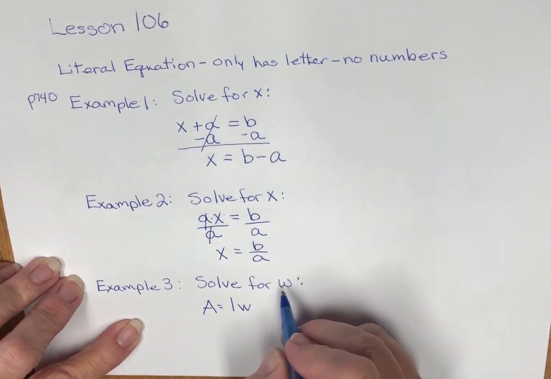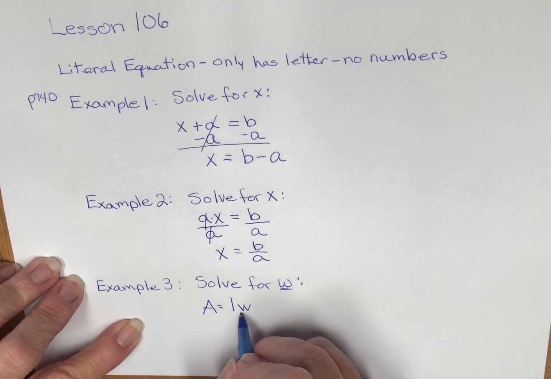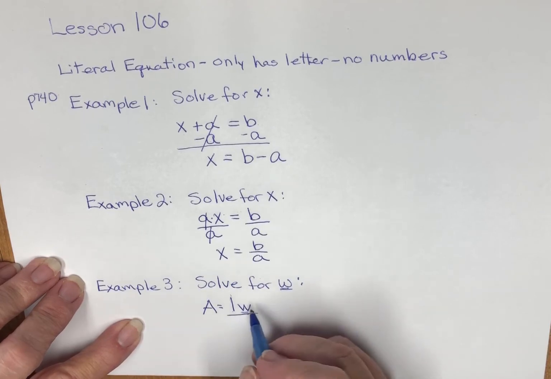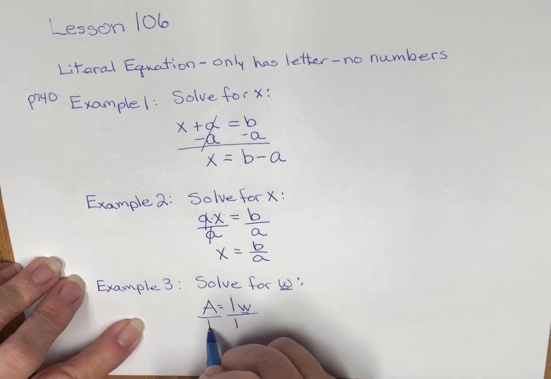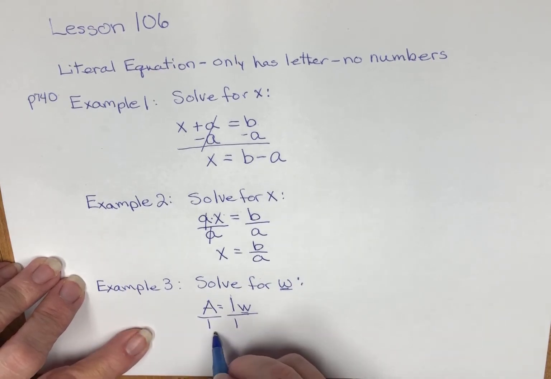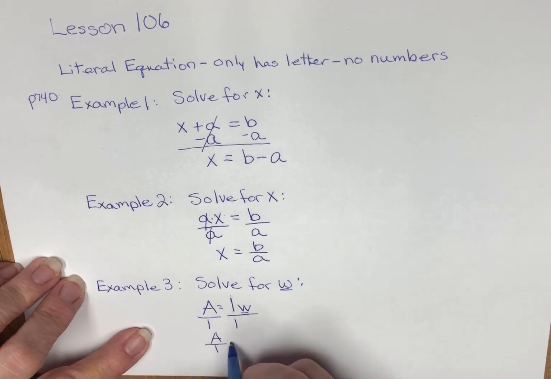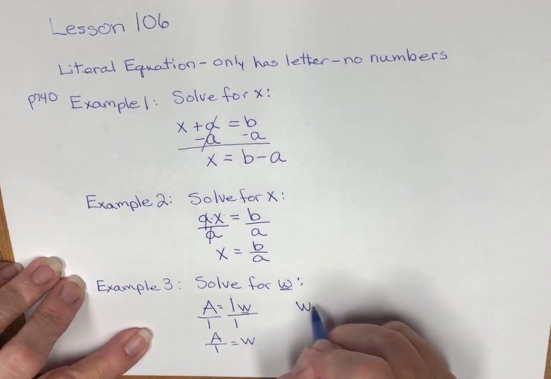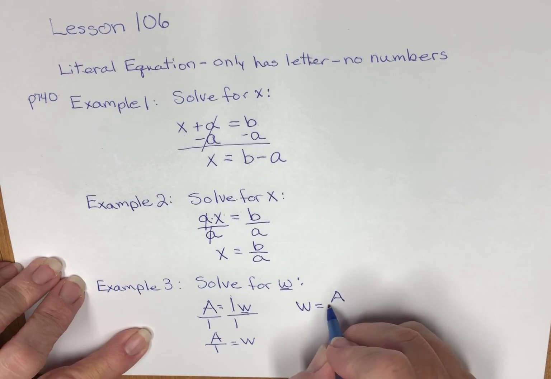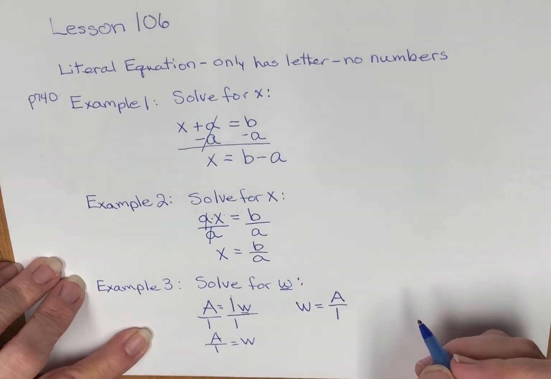Now this time they're asking us to solve for W. So locate your W. Okay, and this is not a 1, this is an L. So to isolate the W, I would divide this side by L and this side by L. So in solving it, I've got A over L is equal to W. Now, I don't particularly like to work with problems this direction, so I can just flip it. And it would be W is equal to A over L. And that is all there is to that.